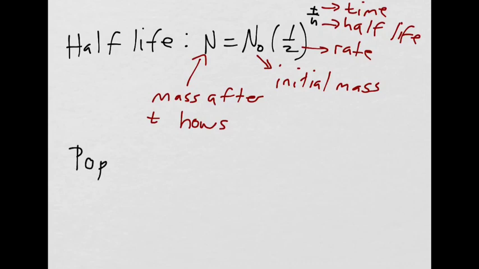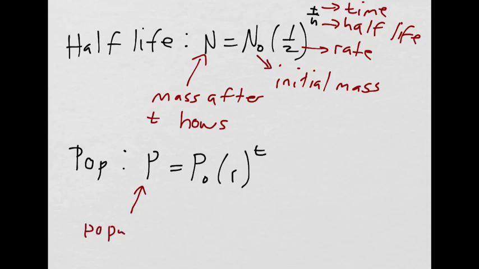The population growth and decay model, P equals P naught times R to the t, follows a similar structure to the half-life model. What would P mean? Just P by itself, this guy. The final number. Okay, or population, again, after t hours, right?